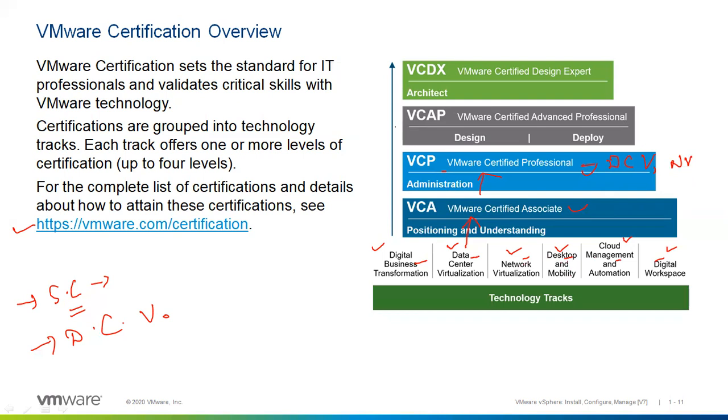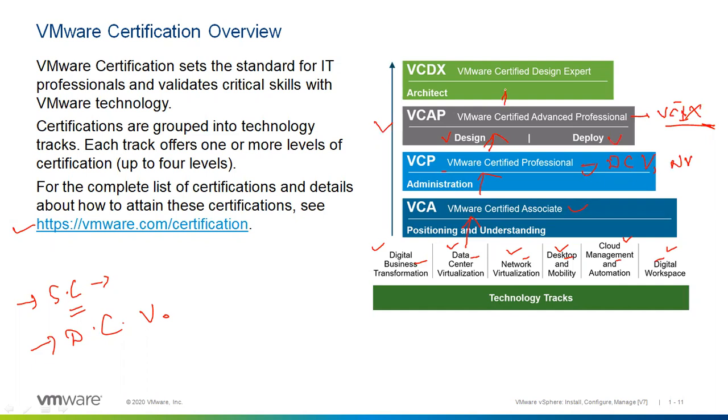Then the advanced level of certification comes in, which we call VCAP, with design and deploy. There are two exams actually, one for designing the overall solution and one for deploying. After completing both VCAPs, you become VCIX, the VMware Certified Implementation Expert.